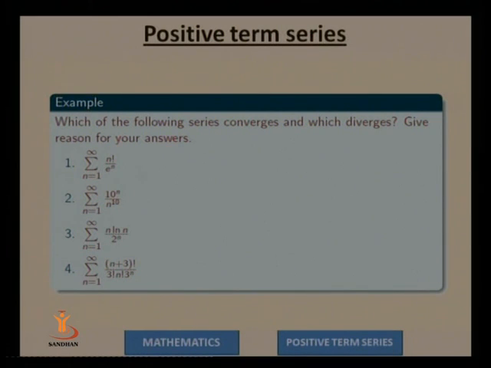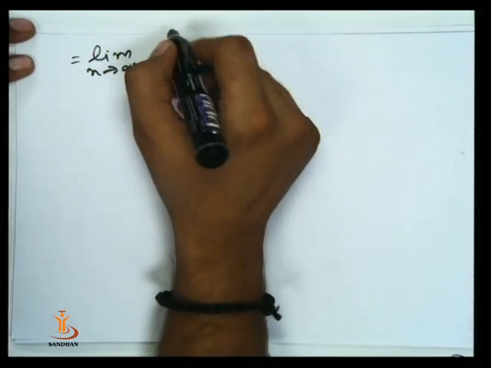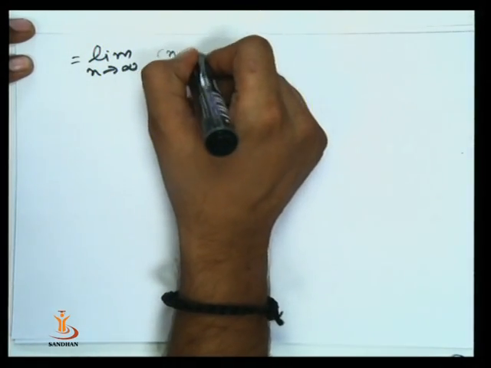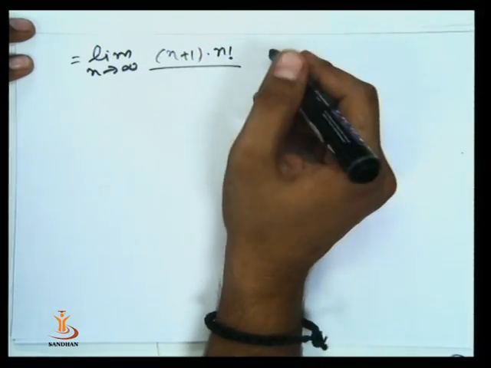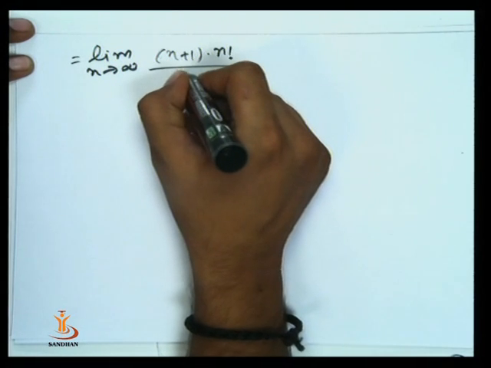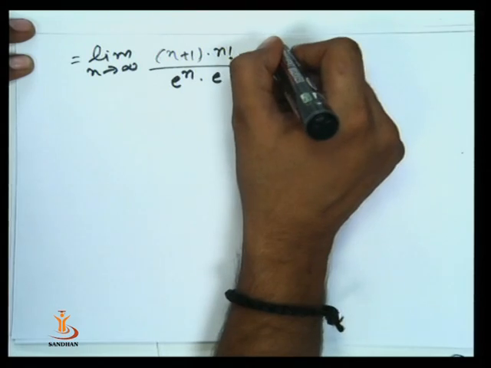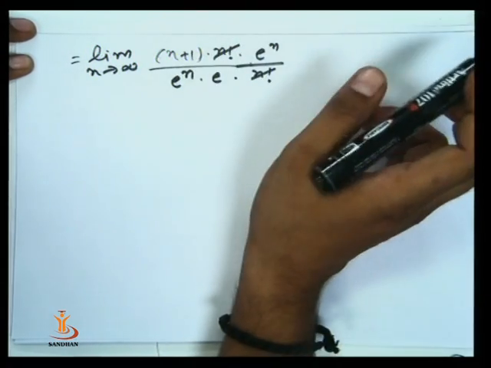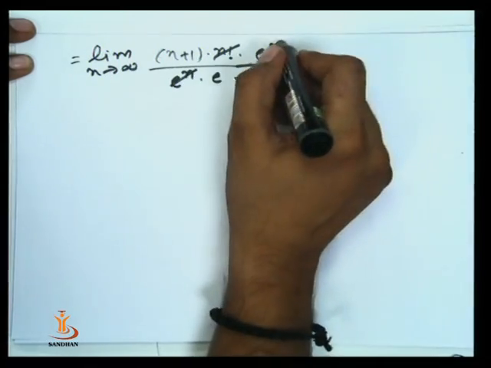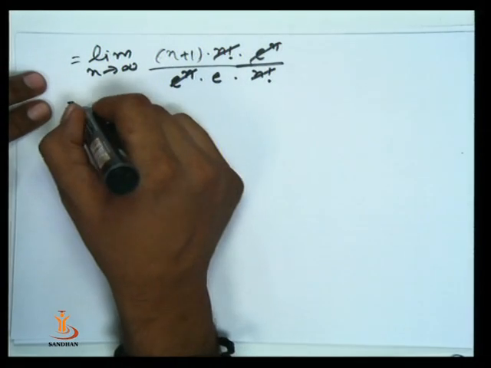Now n plus 1 factorial will be n plus 1 into n factorial, divided by e raised to n plus 1, which is nothing but e raised to n into e, and the next term will be e raised to n upon n factorial. The n factorial will cancel out, e raised to n will cancel out.